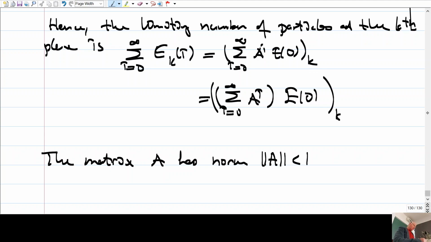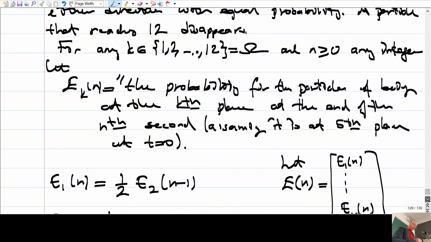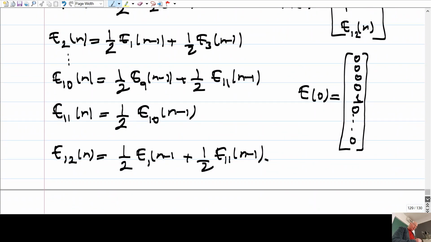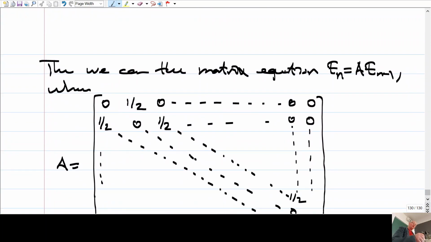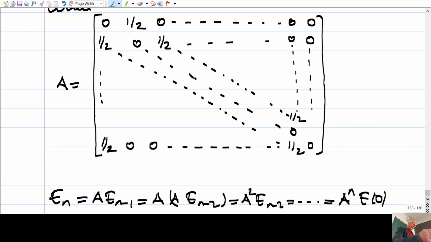You can just use, for example, the norm where you sum the squares of the entries and divide by, for example, n. You can use that norm.